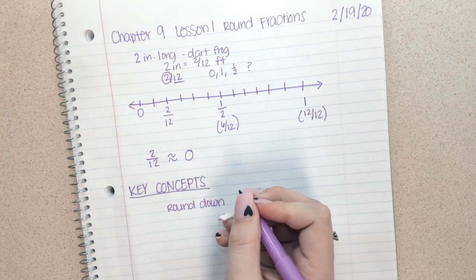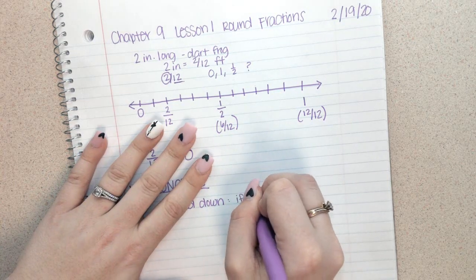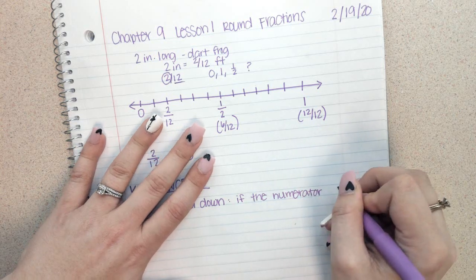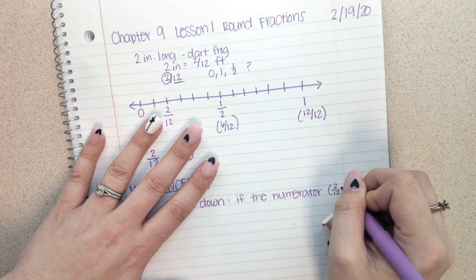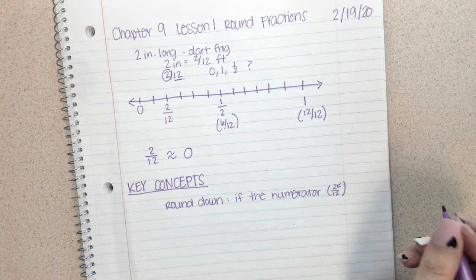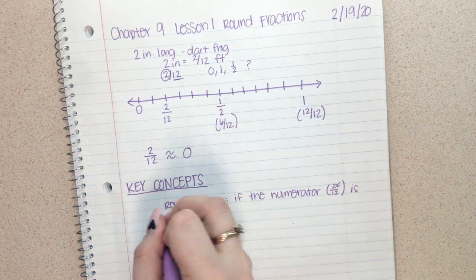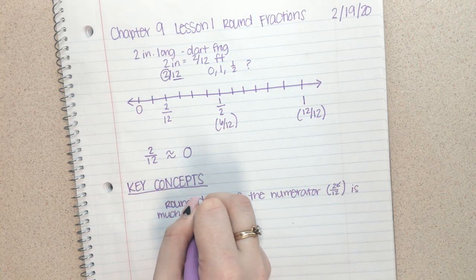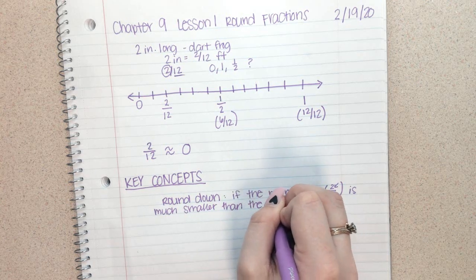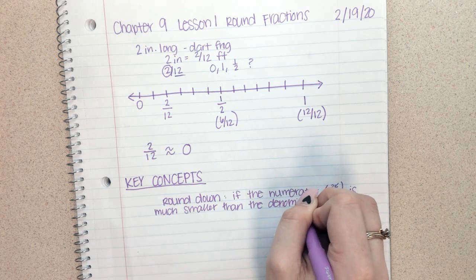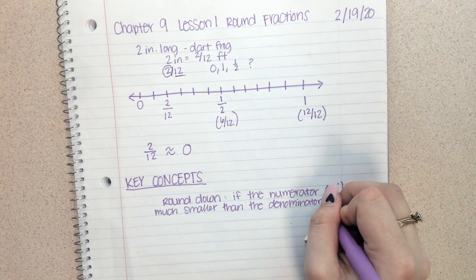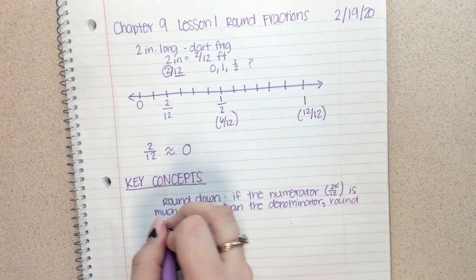If the numerator, which you remember is the top number, even just put a little 2/12 and point it to that 2 to make sure you know it's the top number, is much smaller than the denominator, then you're going to round the fraction down to 0.